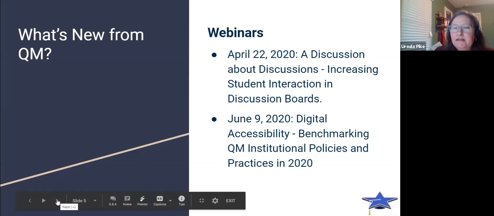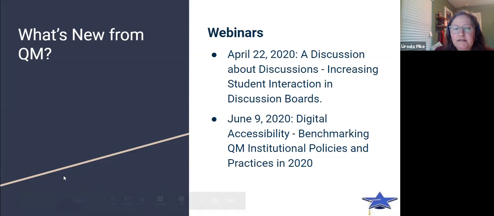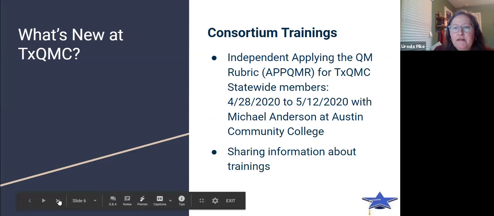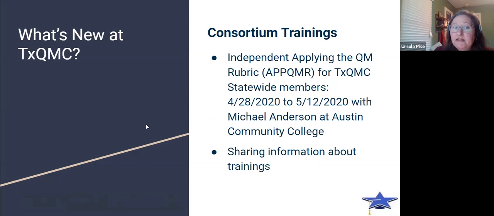They tend to announce trainings and webinars right before they happen. And as far as what's happening for the Texas Quality Matters Consortium, the only training I saw listed, and it may even be full, because as of yesterday it was close to being full, is an online APPQMR starting on the 28th.